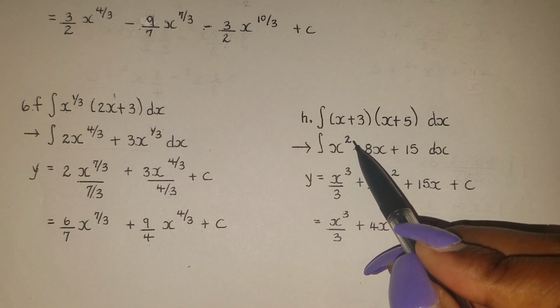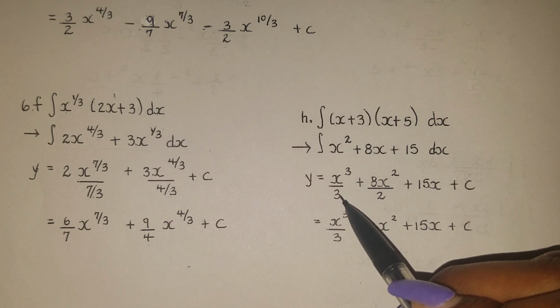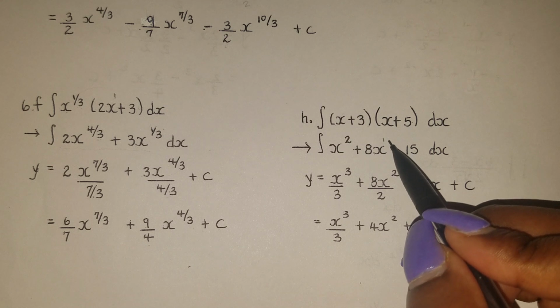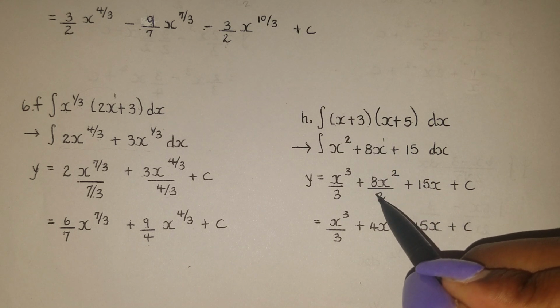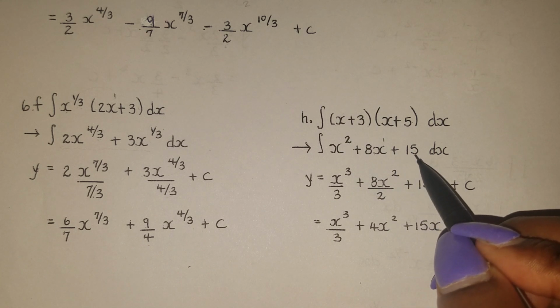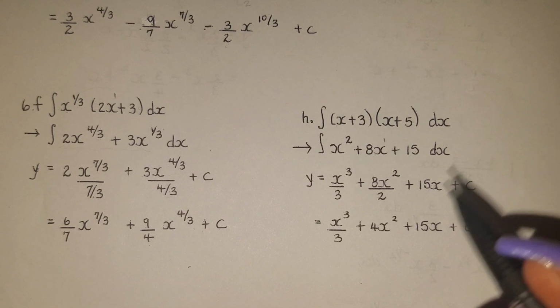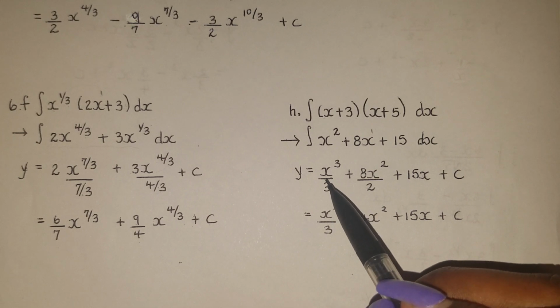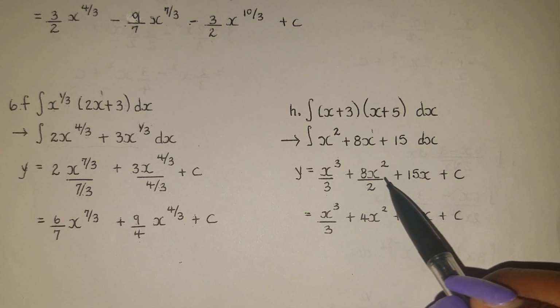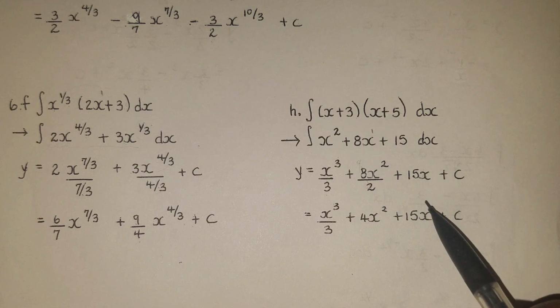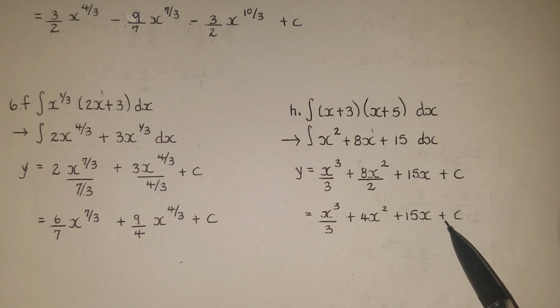Add 1 to this power of 2 to get 3, divide by 3. This x already has a power of 1, so when we add 1 to it, we get 2, and we divide by that 2. And this 15, which is a constant, we will simply add an x next to it. So our simplified answer becomes x cubed over 3 plus 4x squared, as these get simplified, plus 15x plus c.